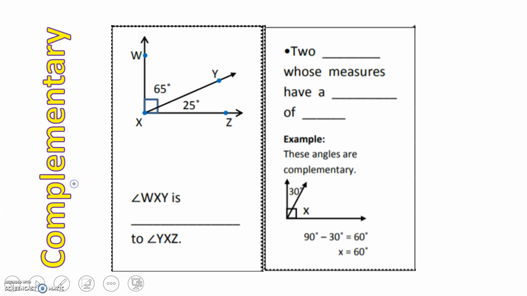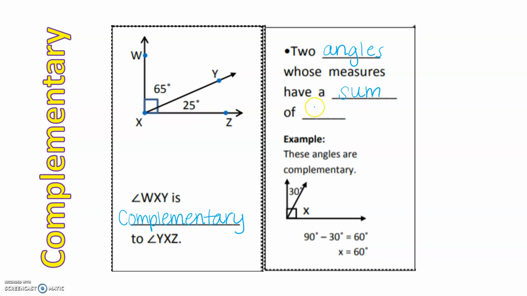Okay, so the first one that we're going to go over is complementary angles. So we fill in: angle WXY is complementary to angle YXZ. And what that means is that the two angles have measures with a sum of 90 degrees.